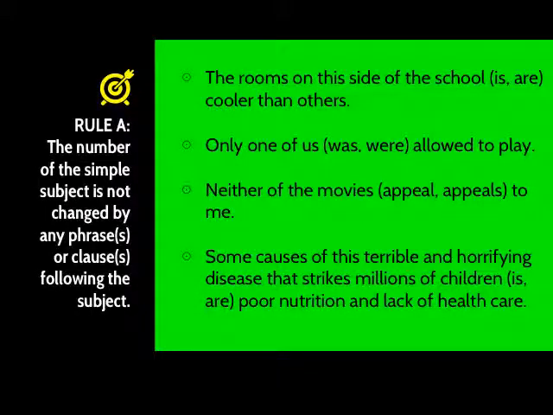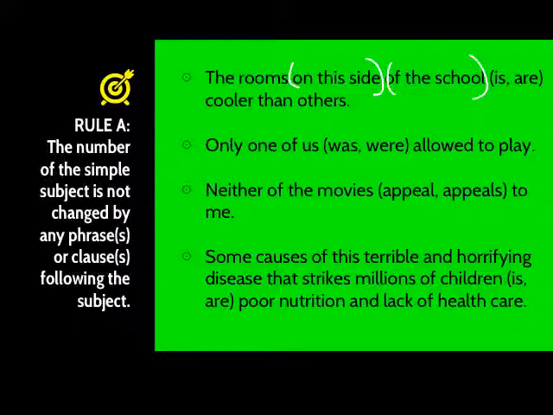Where things start to get a little fuzzier is when you begin to make more sophisticated and complex looking sentences by adding phrases and clauses throughout your writing. And we have some examples here, and the rule that goes with this is that the number of the subject isn't changed even if you have clauses or phrases following the subject. So if we look at this first sentence, the rooms on this side of the school blank cooler than others, we need to mark our phrases, on this side and of the school.